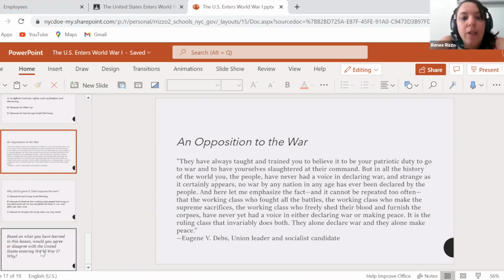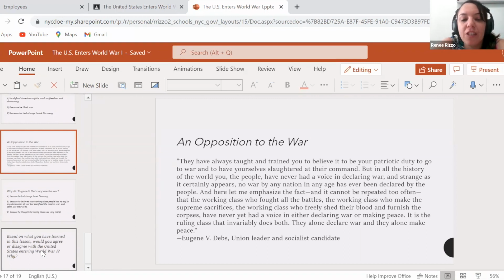They have always taught and trained you to believe it to be your patriotic duty to go to war and to have yourself slaughtered at their command. But in all the history of the world, you, the people, have never had a voice in declaring war. And strange as it certainly appears, no war by any nation in any age has ever been declared by the people.